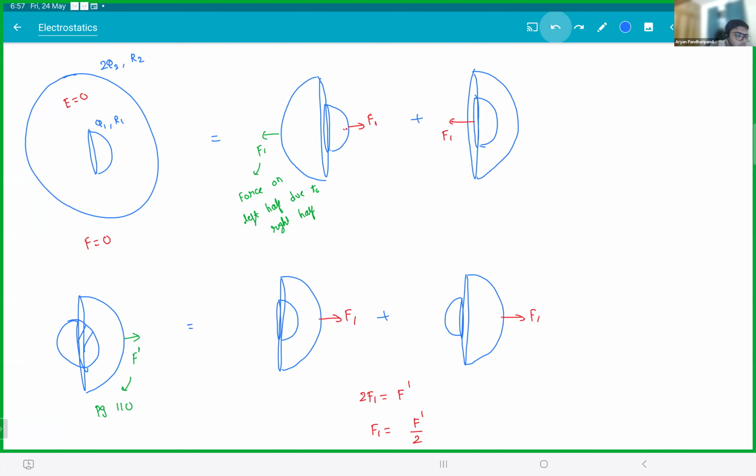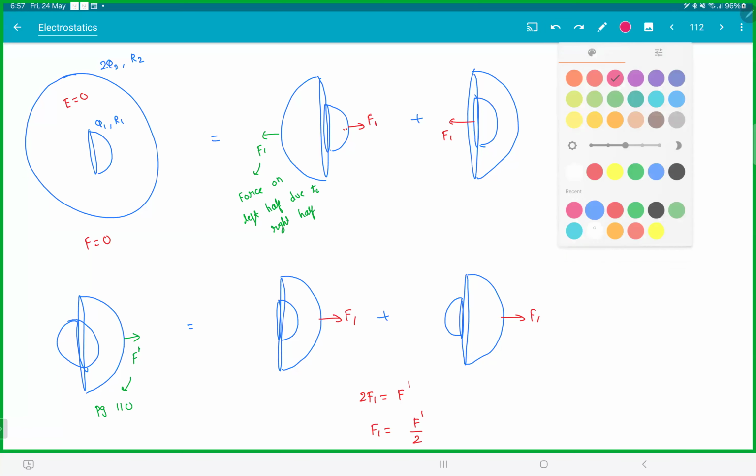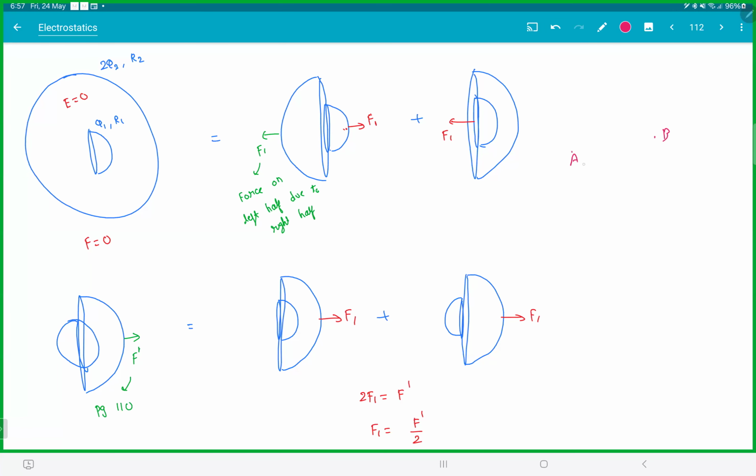If there is a B and there is an A and there is a C, if A is exerting force F1 on B, C is exerting force F2, what is the net force on B?